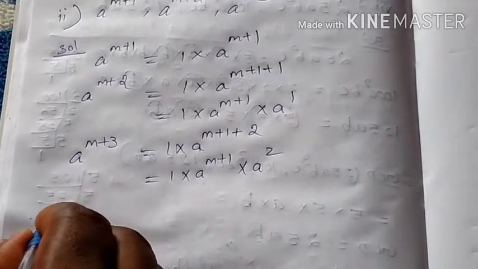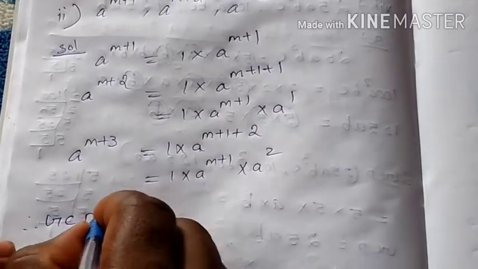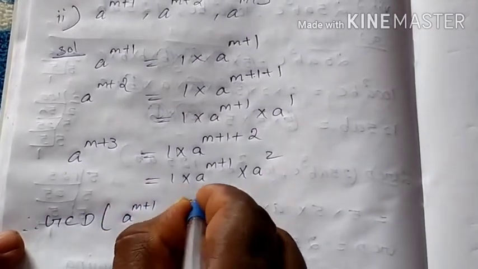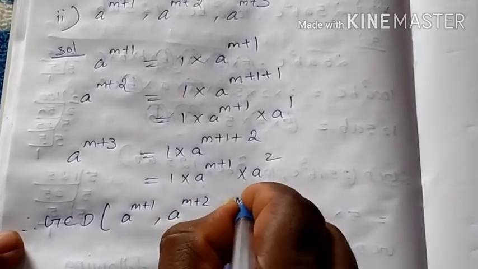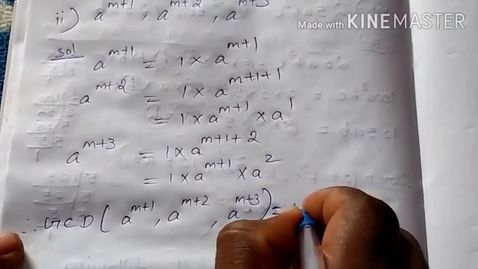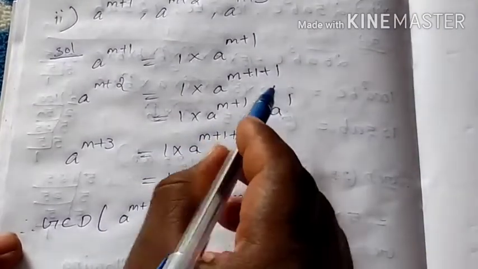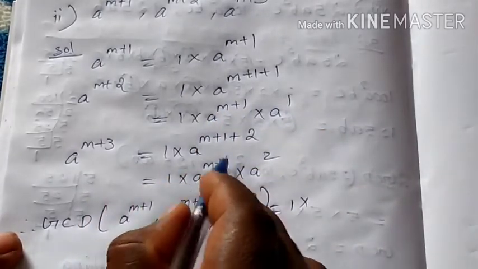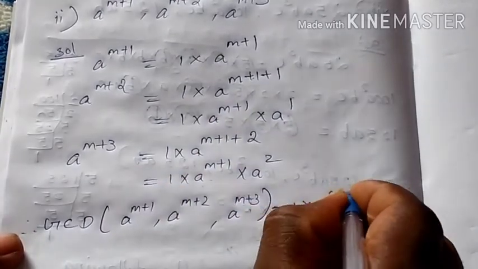Therefore, GCD of a power m plus 1, a power m plus 2, a power m plus 3 equals: the common factors are 1 into a power m plus 1 in all three terms, that's all.